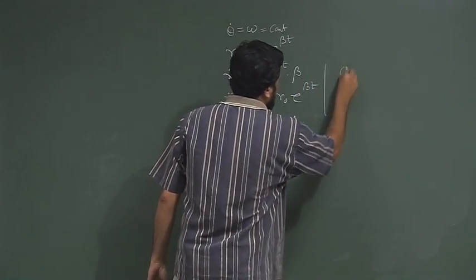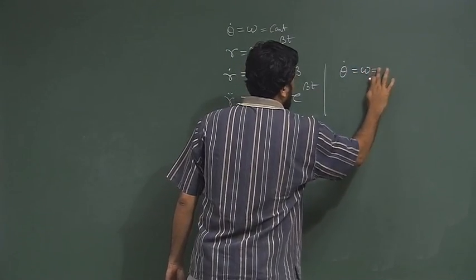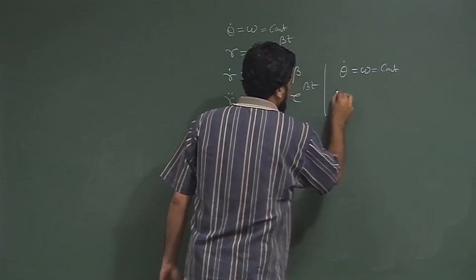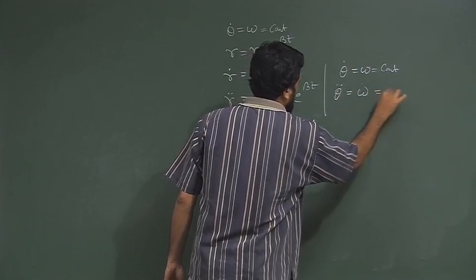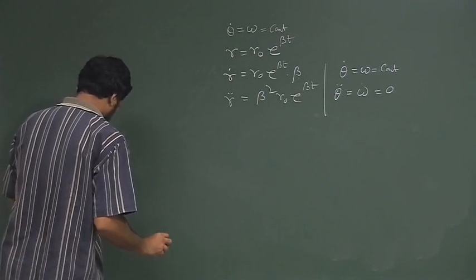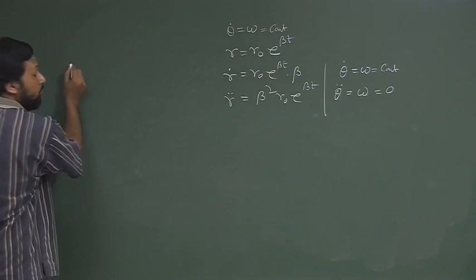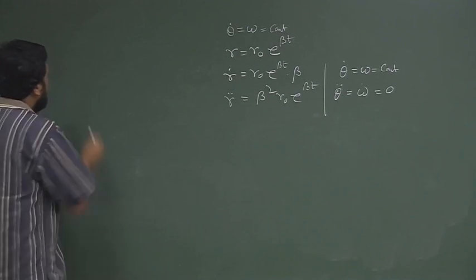Similarly, theta dot is equal to omega equal to constant, theta double dot is equal to omega dot equal to 0. So, in order to write an expression for A, we have to keep in mind that it has both radial and transverse components.